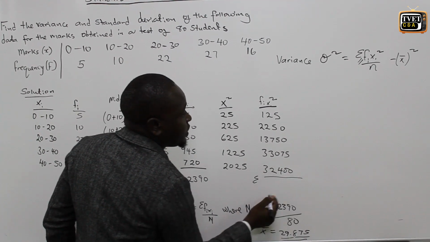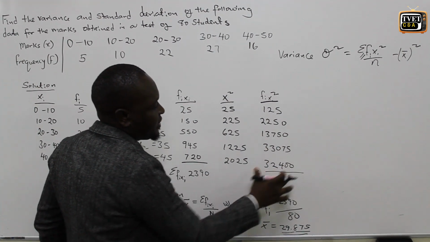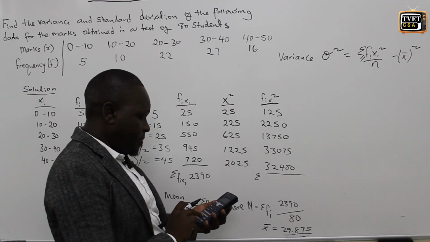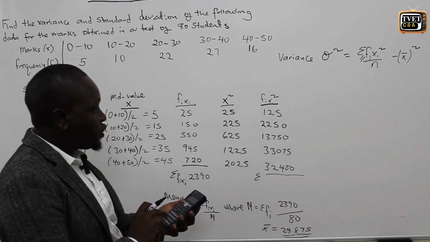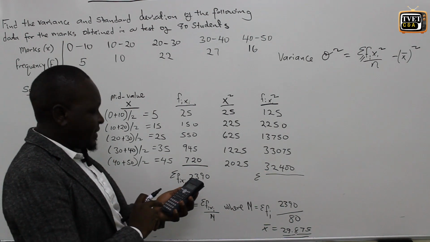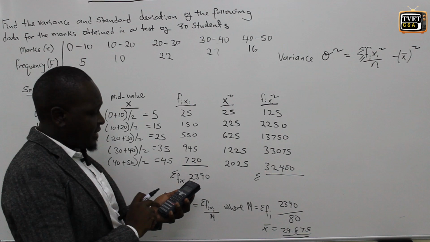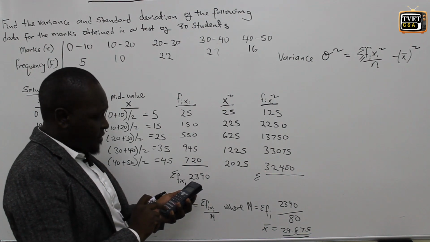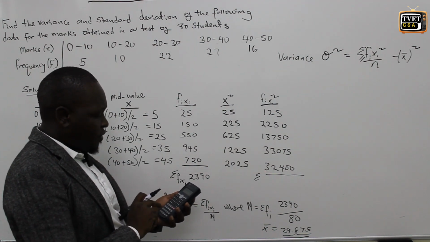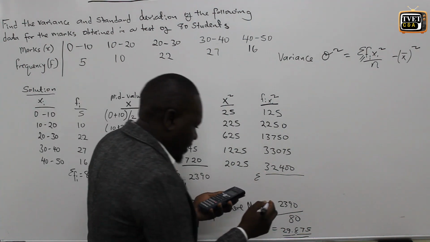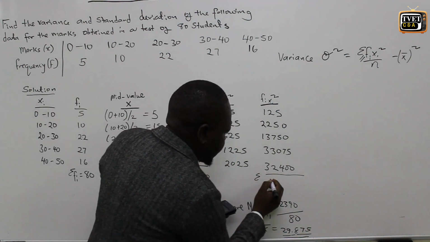You'll add everything in this column, which will be 125 plus 2250 plus 13750 plus 33075 plus 32,400. Our total comes to 81,600.